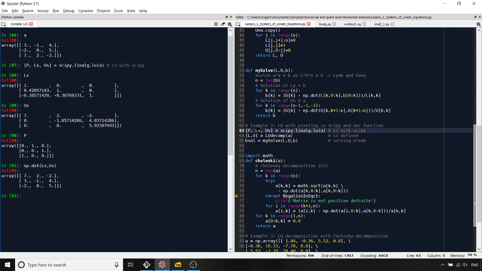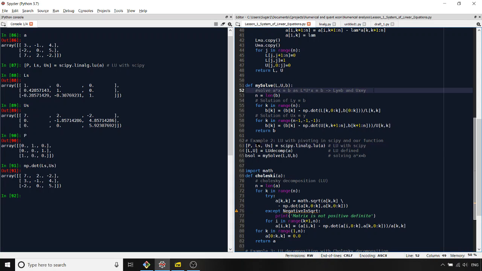And actually the relationship should be, for this case, let's write here, the lower and upper triangular matrix multiplication equals PA, right?